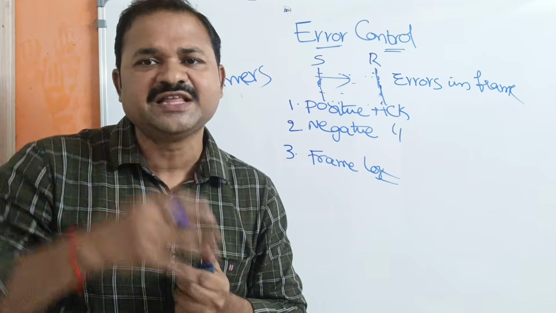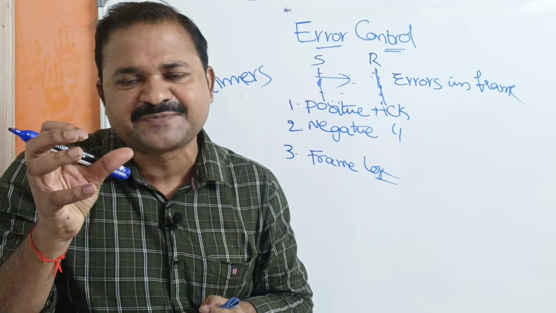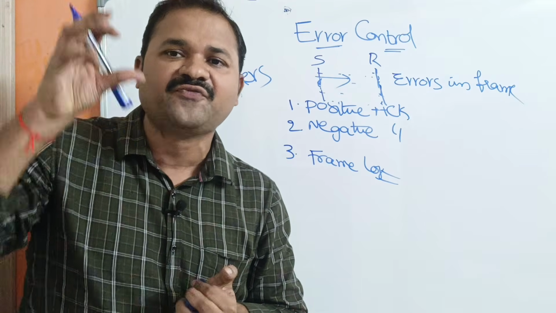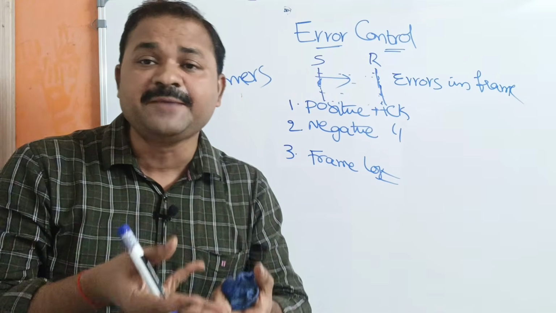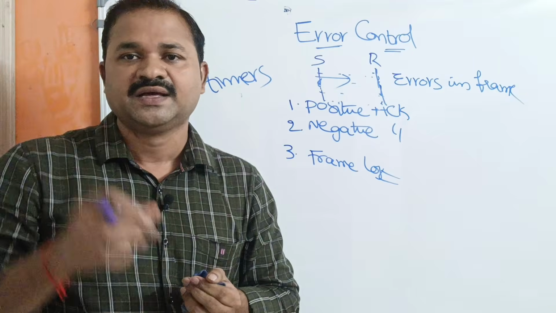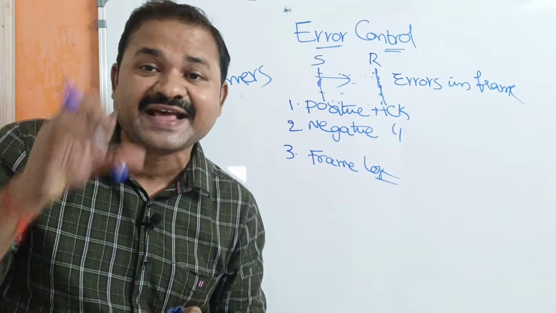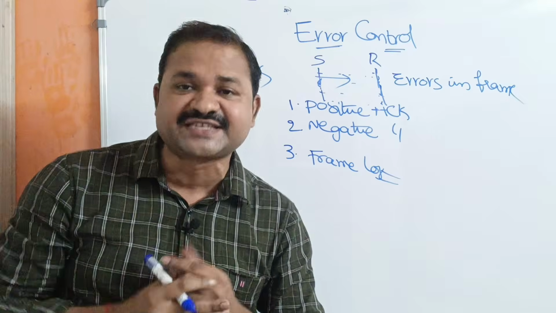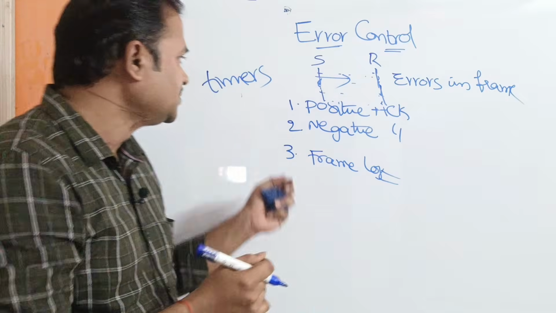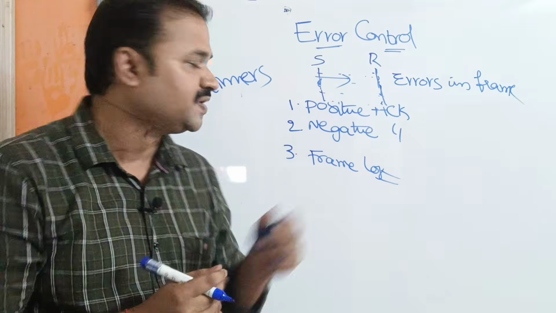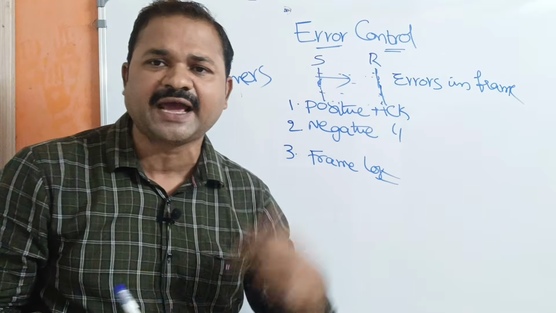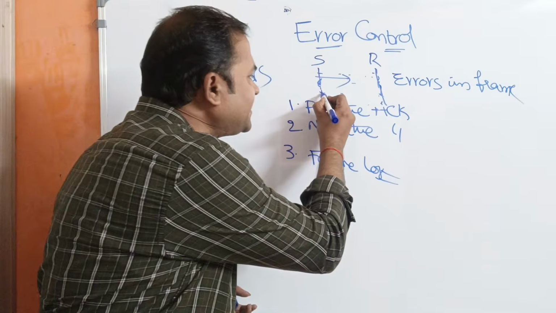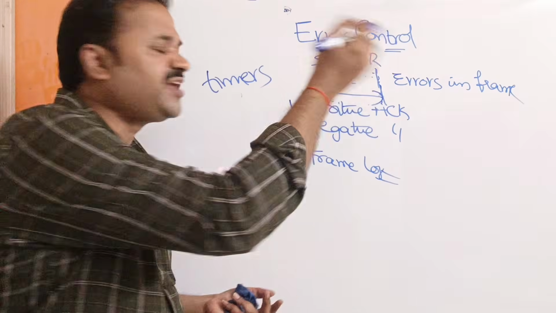After sending the frame, the sender will expect an acknowledgement for the time period only. If the time period expires, the sender will retransmit the same frame once again. So here the frame is lost, the sender will wait for some time, and after the time period expires, the sender retransmits the same frame once again.